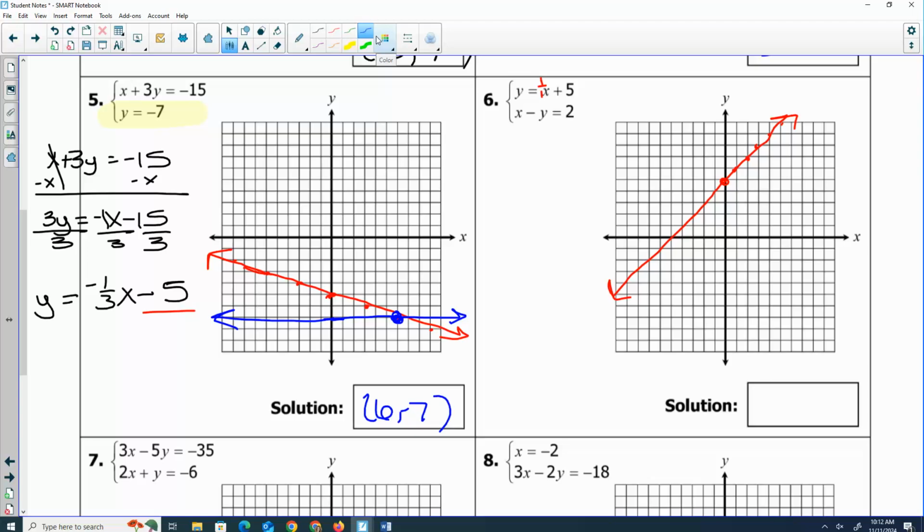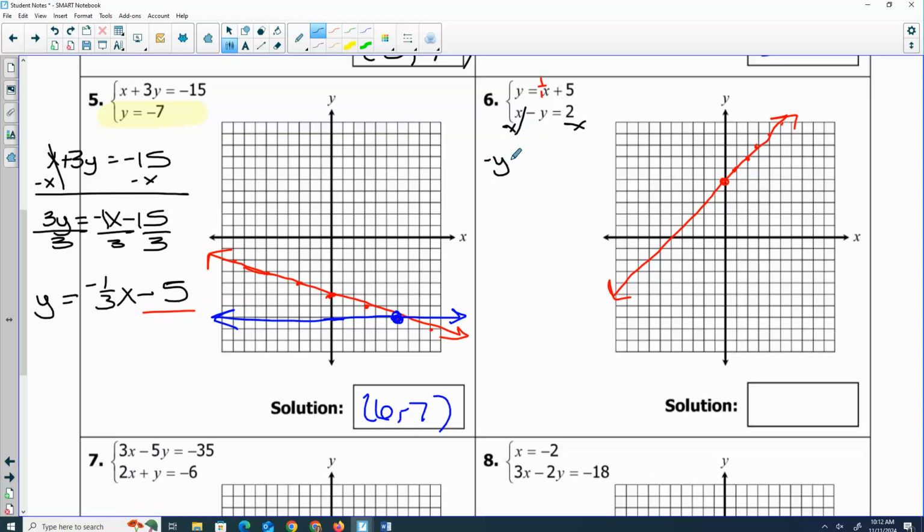Next one, if I want to solve for y, what do we have to do? Subtract x.